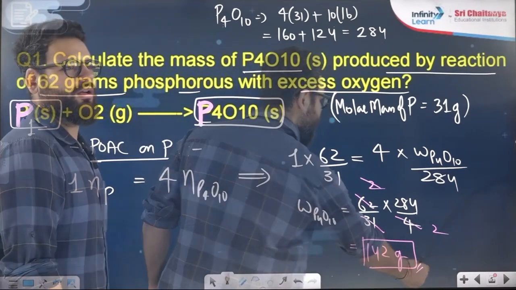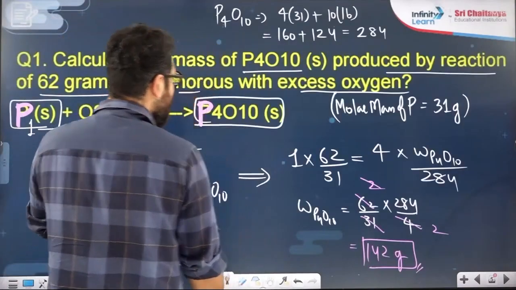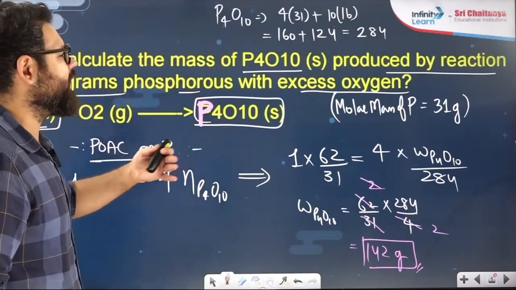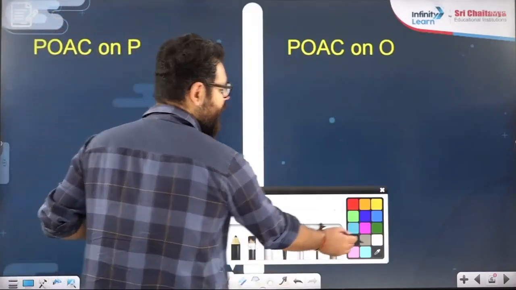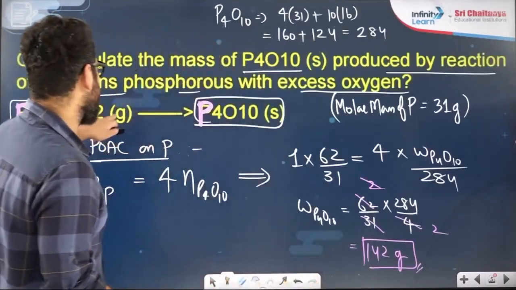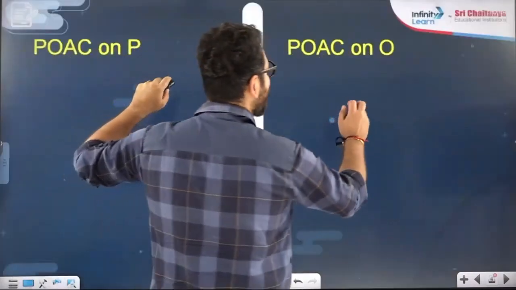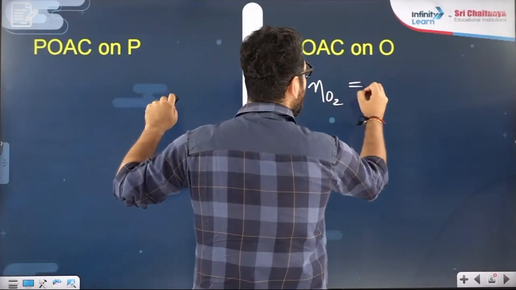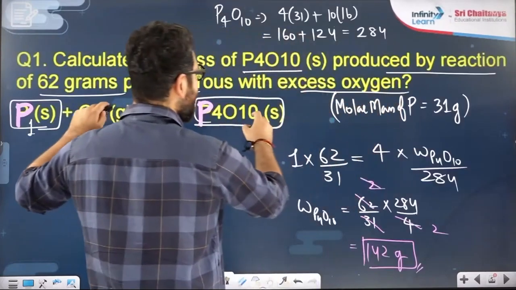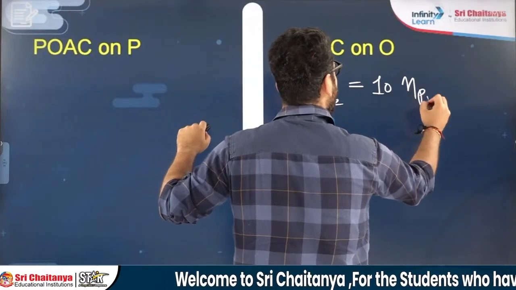Shall we do one more? POAC of phosphorus I just applied. You could apply POAC of oxygen as well, but it would not be used here because I did not know the amount of oxygen. If I apply POAC of oxygen, in O2 oxygen is present 2 atoms. So I can apply POAC of oxygen saying that 2 times moles of oxygen equal to, in P4O10 there are 10 oxygens, 10 times moles of P4O10.